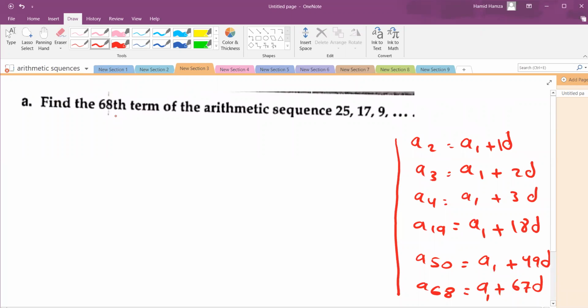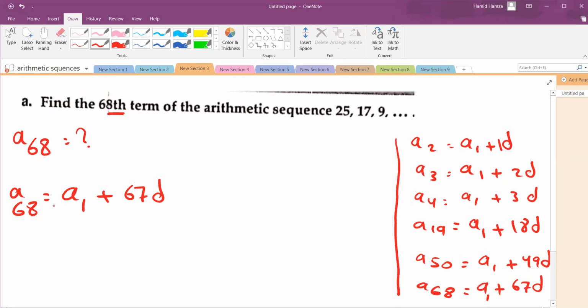So in this one, we wanted to find the 68th term, A68. To find it, that means A1 plus, subtract 1 from this, 67D.